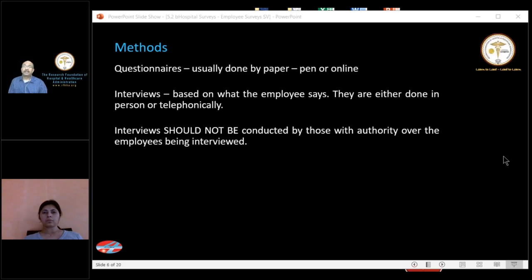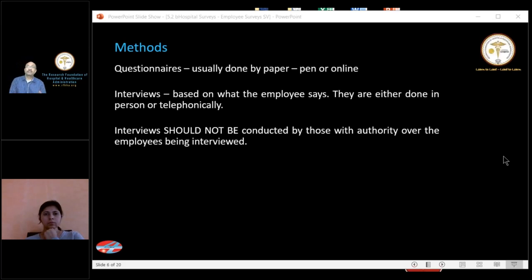Now, typically an interview is conducted as part of the employee's performance evaluation. So you have an evaluation being done where the employee's understanding of his performance and contribution to the hospital is discussed. The other way of conducting an interview is an exit interview.